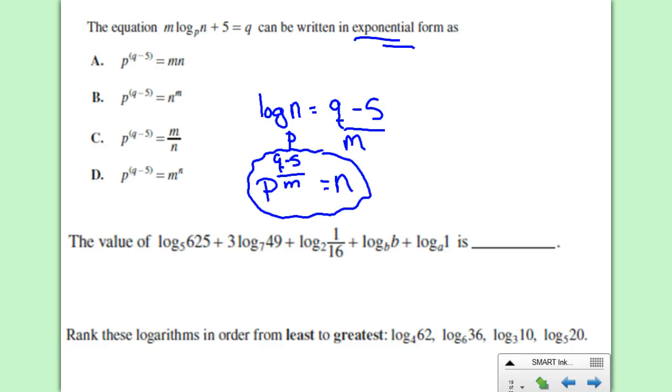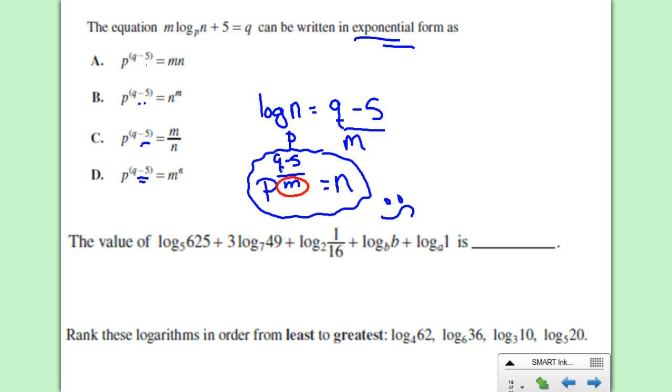But when you look over there, you say to yourself, I don't have any of that stuff. In fact, they don't have any m's here. They're all q minus 5. So how do I rewrite mine? Well, I just need to get rid of this m right here. So they're being a little tricky.